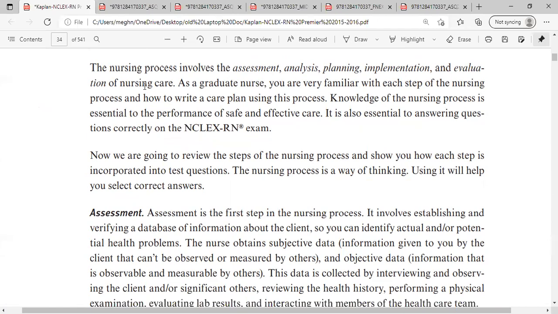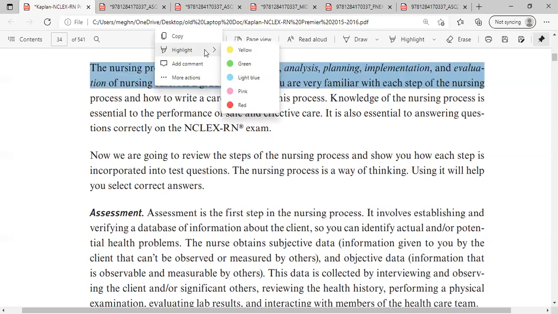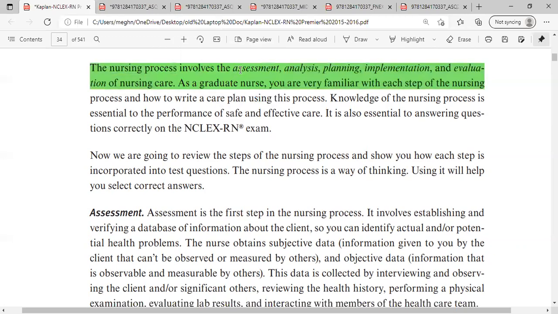When we go for prioritization questions and answers, if you do not know the nursing process, it would be really difficult for you to answer. So the nursing process basically involves assessment, analysis, planning, implementation, and evaluation, right?